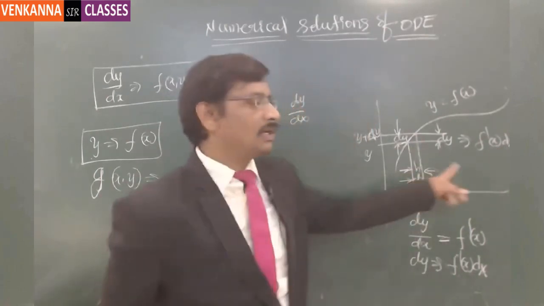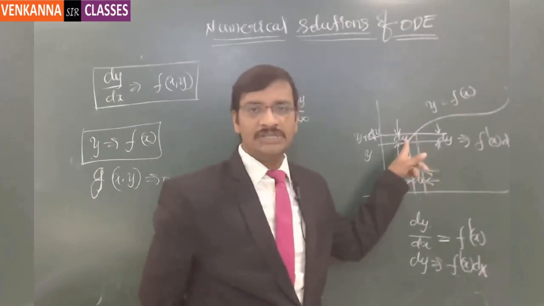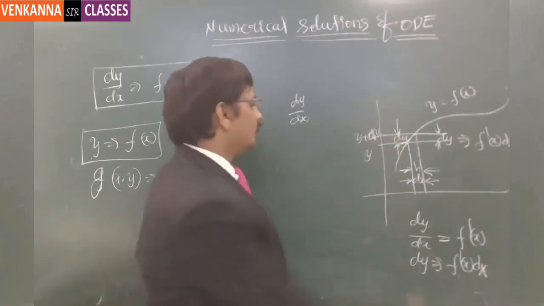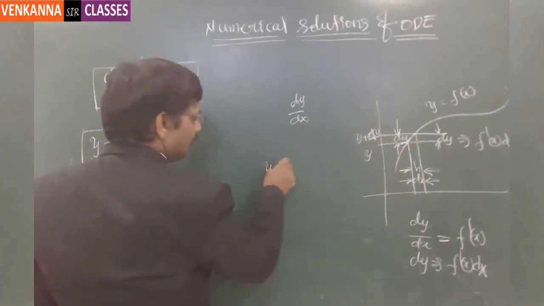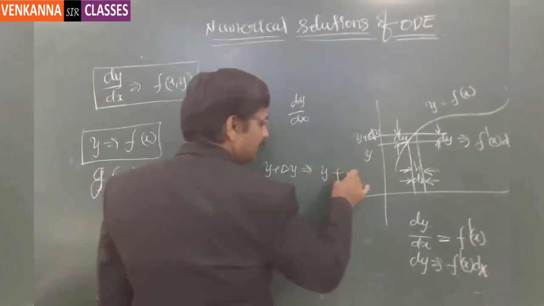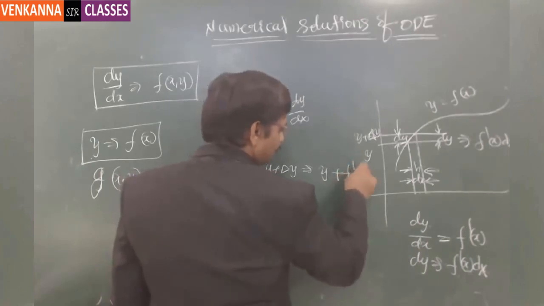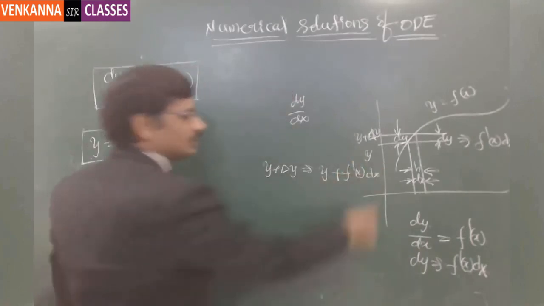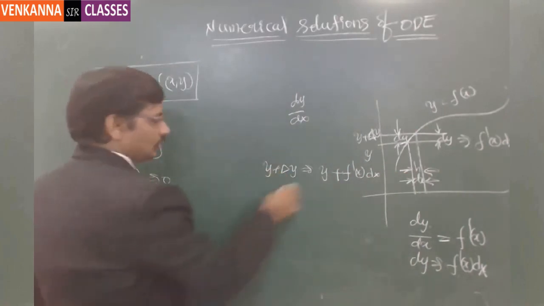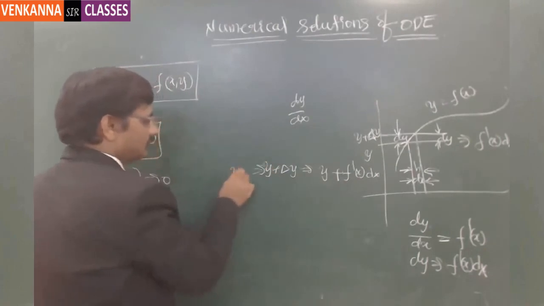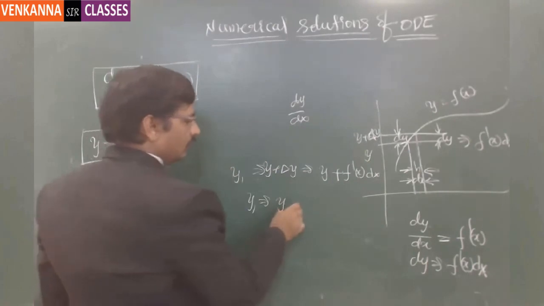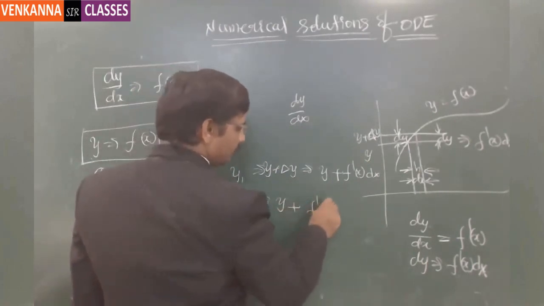So this h multiplied by the slope value at this location will give the difference between this y and the next y. Now you are able to find this y plus delta y as the initial y value plus f dash of x multiplied by dx. This dx is h for us, and this is the y plus delta y we need. So this value we call y1, and y1 is equal to y plus f dash of x into h.